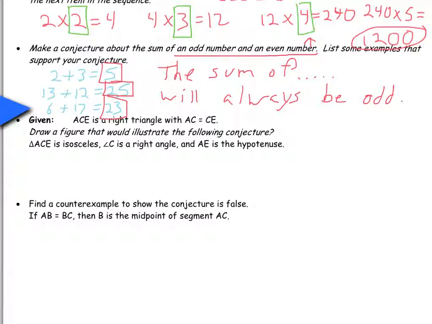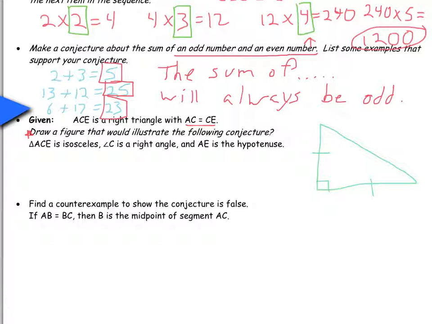Let's look at our next example. ACE is a right triangle with AC equaling CE. We're going to draw a figure that would illustrate this conjecture. First of all, it's a right triangle, and it has points A, C, E. ACE is isosceles, so this side would have to be equal to this side.